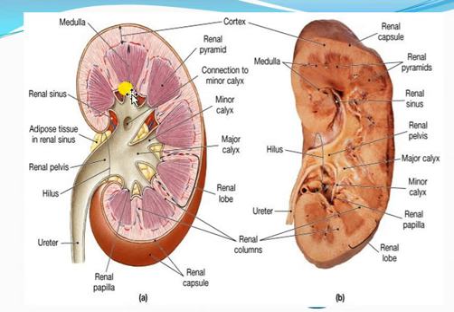Between the pyramids and calyx, where the blood vessels are present, we call it the sinus. Simply, up to here, one pyramid is called a renal lobe. Renal lobe.